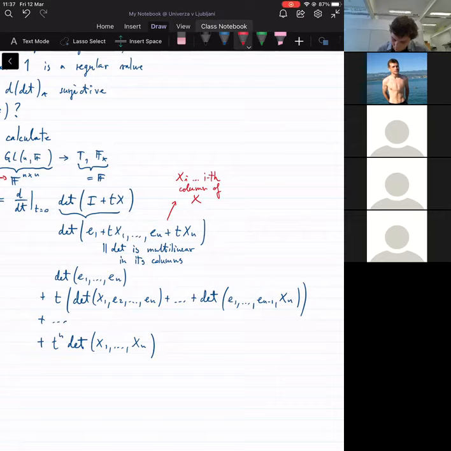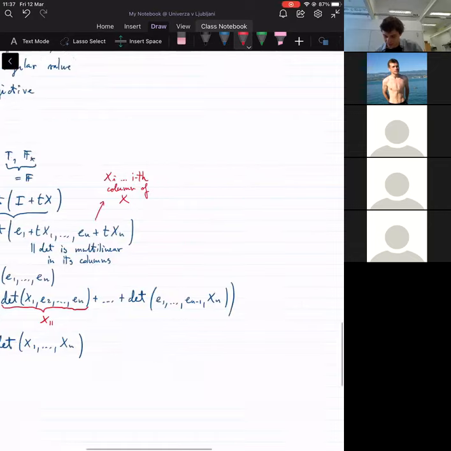But now what is this? Does anybody know what this is? The first component of the first column. This is nothing else but x11. And this here is nothing else but xnn.